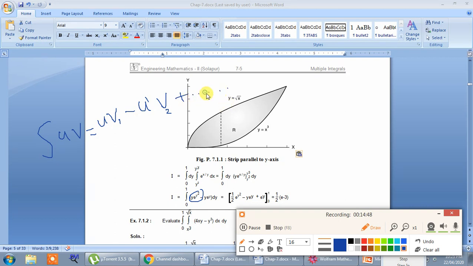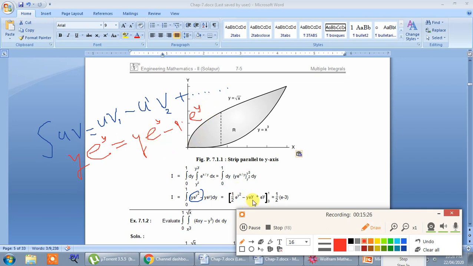Okay, so if at this place I replace u by y and v by e raised to y, what will I get? y as it is, times the integration of e raised to y, which is e raised to y, minus the derivative of y with respect to y, which is 1, times the integration of e raised to y, which again is e raised to y. And you will observe that the next term I have skipped, because the derivative of 1 becomes 0, and that's why your answer is y e raised to y minus e raised to y.